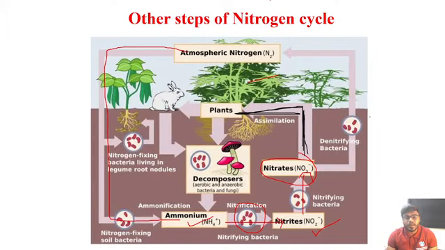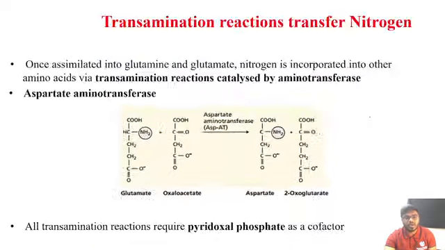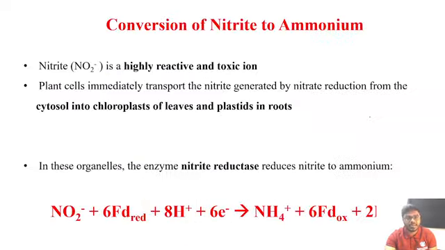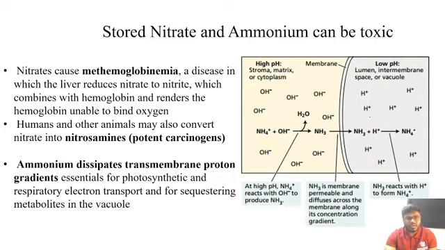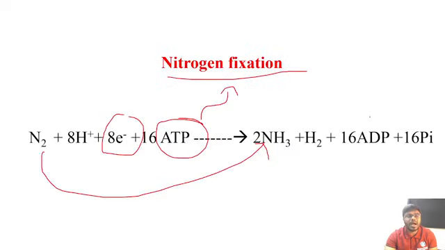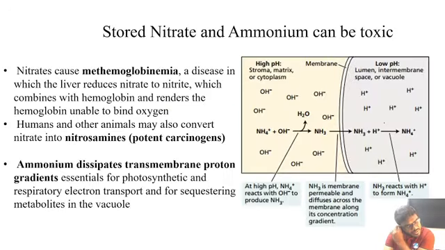So what's the statement you have to remember? Whatever NH3, NH4, NO2, NO3 are there, friends, we should not store them under any circumstances. We have to make use of them. That is what, my friends, we will be calling assimilation.